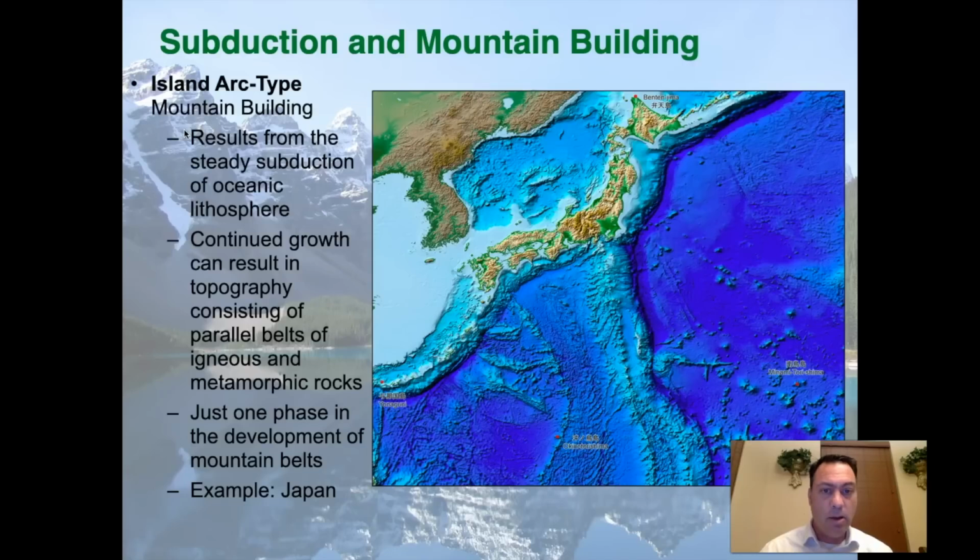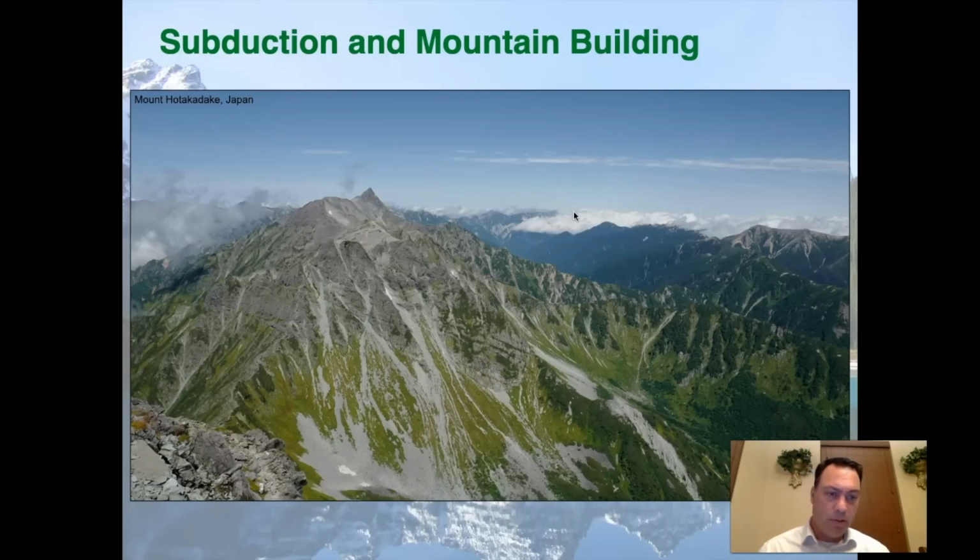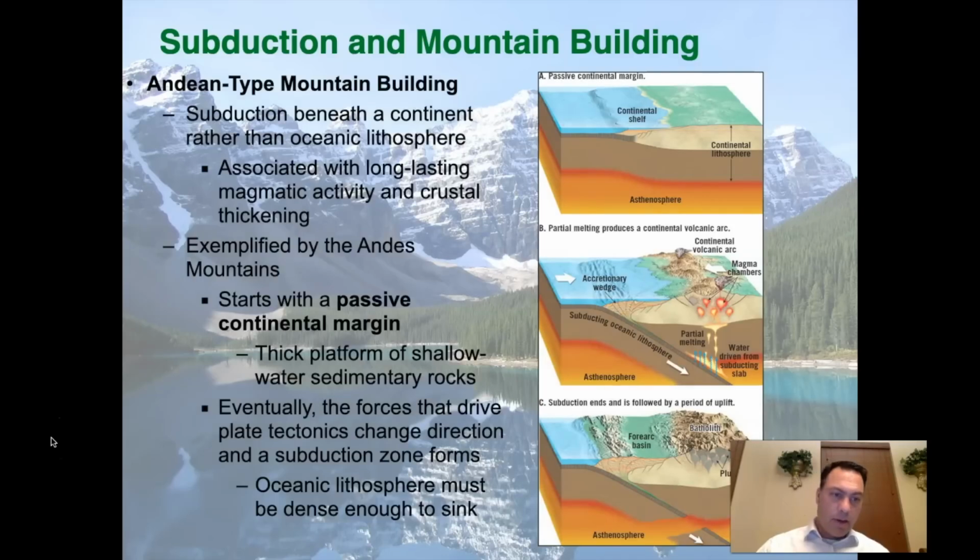So when we come back over here, many of the active volcanoes are in the eastern part of Japan, but these mountains that I'm referring to are in the western part. There are metamorphic rocks there, there are igneous rocks there, and they're absolutely stunning features. Okay, so now that we've talked about island arcs and the beautiful mountains that those can form, let's get into the next stage.